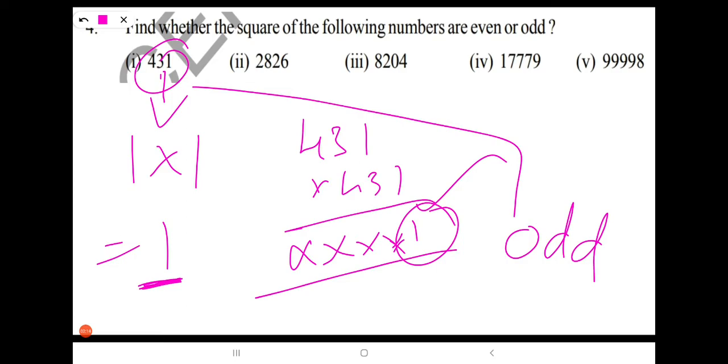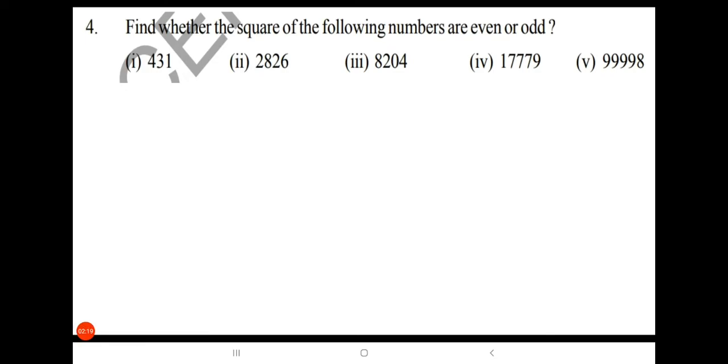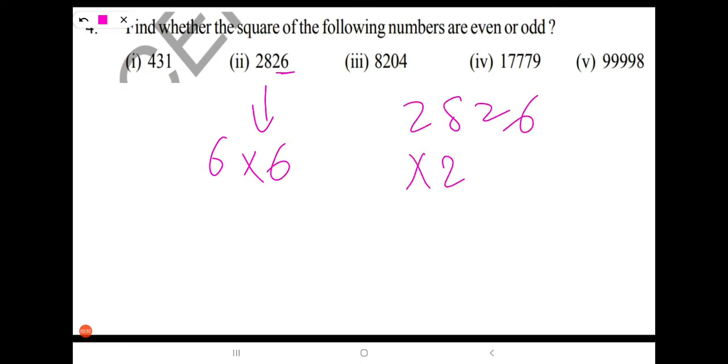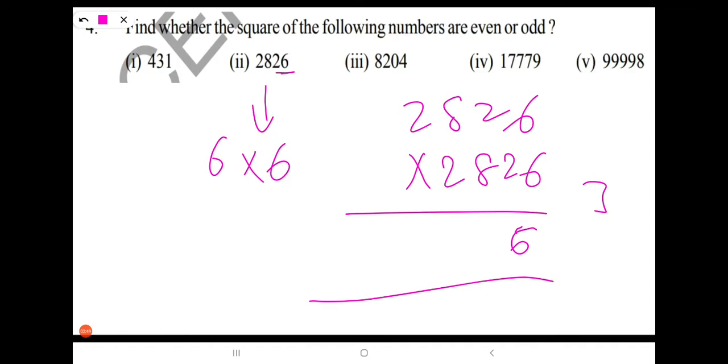Let's go for the second part, 2826. What we need to do? Take the units place digit, that is 6, and multiply with 6 again. Look here, 2826 into 2826: 6 into 6 is 36. We only take the 6, that is why I am doing this.